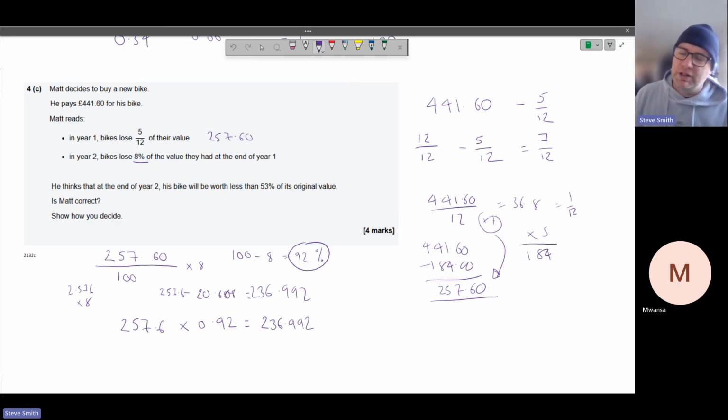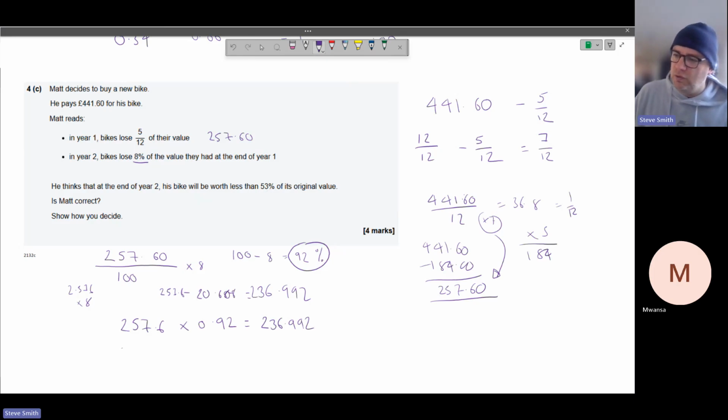When we try to find a percentage of any number, we absolutely times the number by the decimal, not the percentage. So if you wanted 63% of 4 million, you put 4 million times by 0.63, times it by the decimal. Okay, he thinks that at the end of year 2, his bike will be worth less than 53% of its original value.